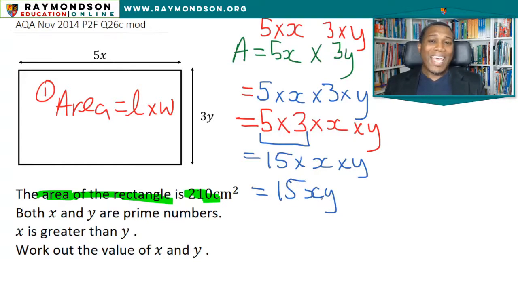Now, I've written that down. In this particular question, do I really want to go to this stage? Truth be told, no, but I thought it was important for you to appreciate that, because in the original version of this question on the exam paper, it had a part A and a part B. For part A, they asked you to write the expression for the area, so you had to write the 15xy without the multiplication signs.